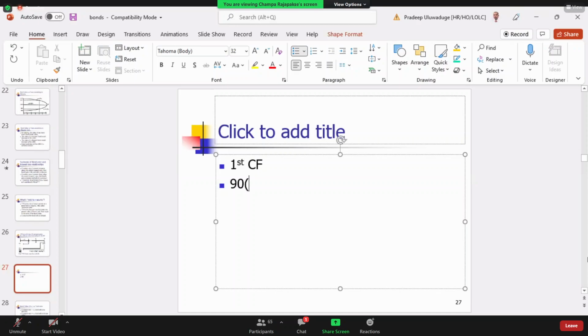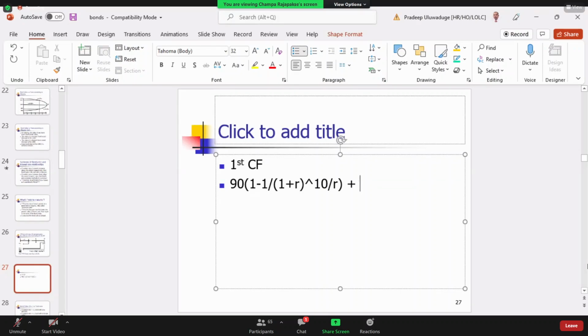This is an annuity: 90 times 1 minus 1 over 1 plus R to the power 10, divided by R, where R we have to find.